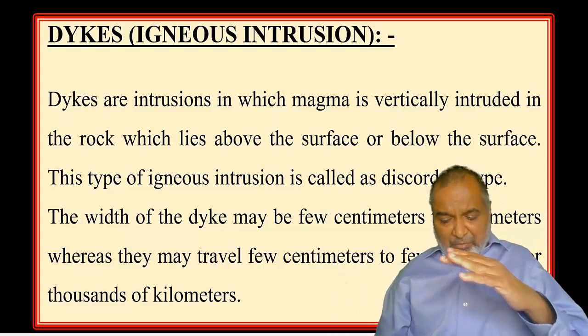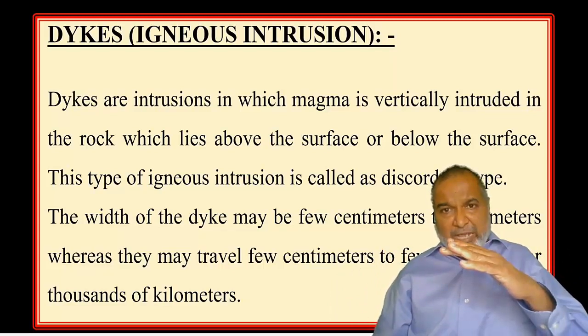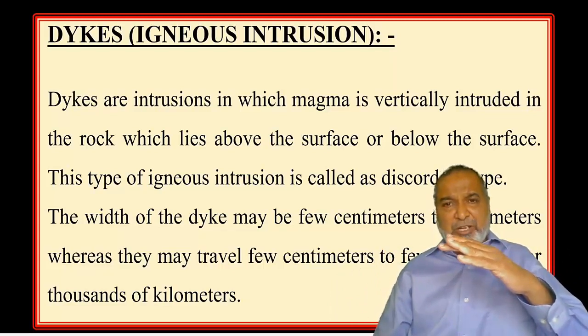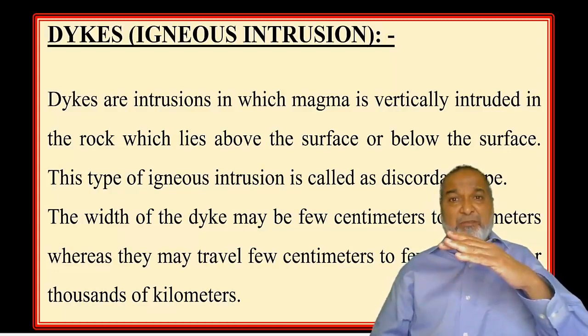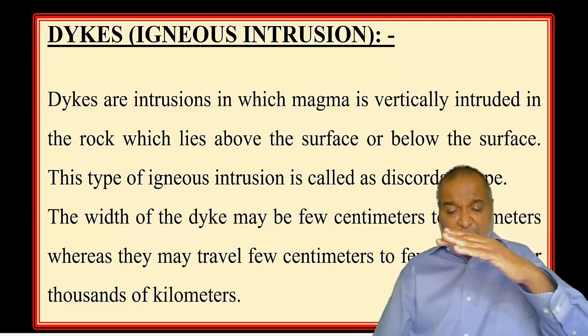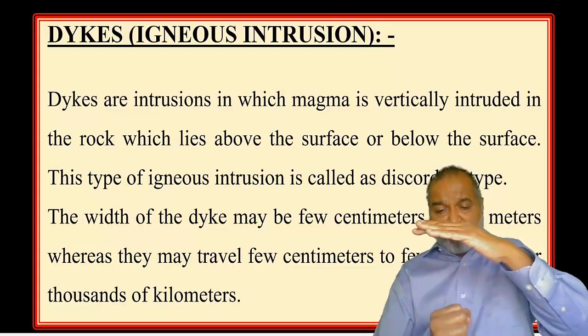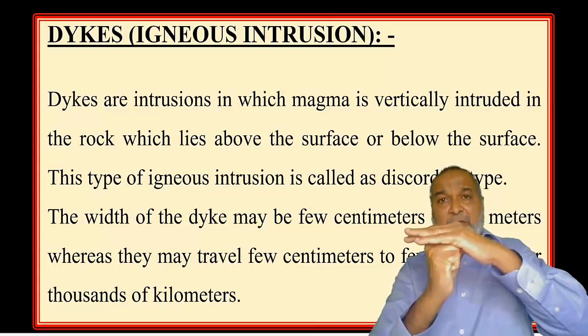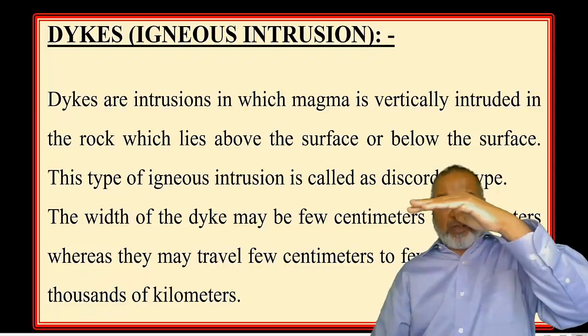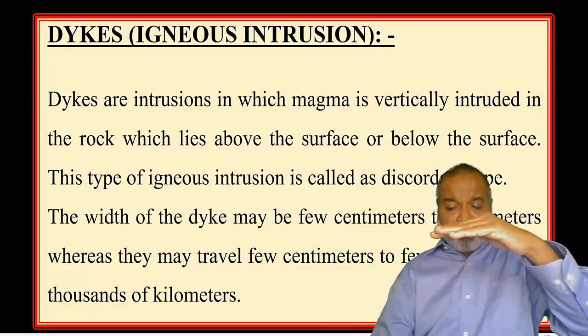Now once the magma is fully enriched, pressure and temperature conditions are very high, and the upper part, whatever rocks are there, become weak, and a weak zone is there. Slowly this magma comes up and cuts through, vertically, the horizontal rocks that are there.